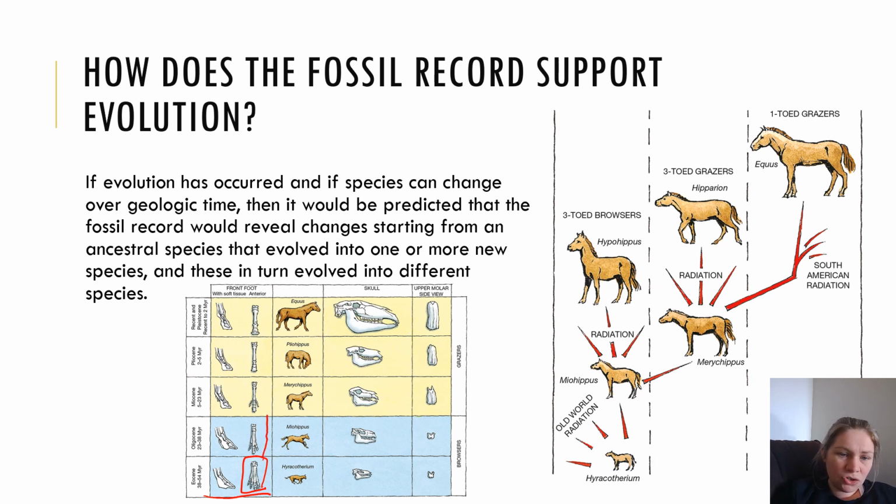Over time, due to the change in its environment, we can see that it's now got a hoof. We can look at those fossils over time to help provide us with evidence that that's how this organism's journey has been over time to get to where it currently is.